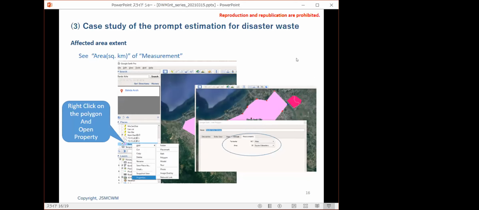Okay, this is the procedure to estimate the area extent.